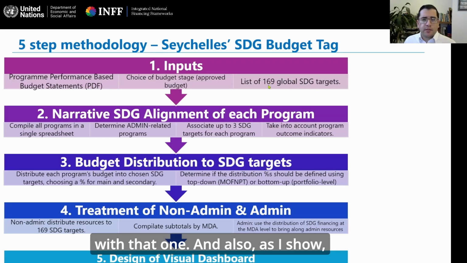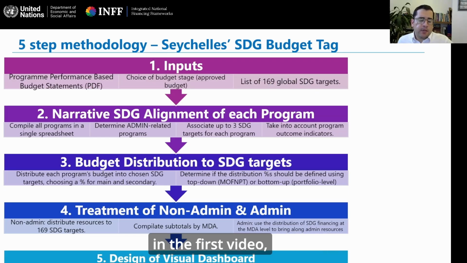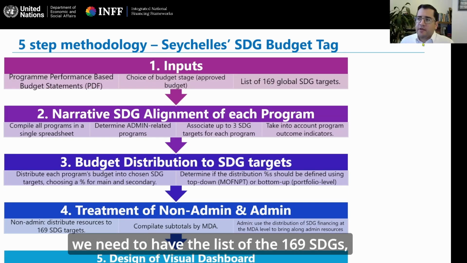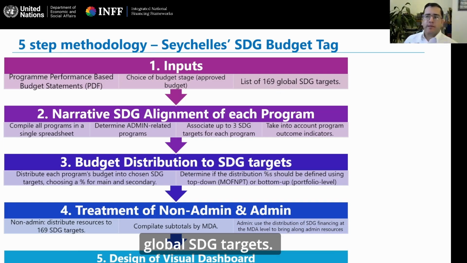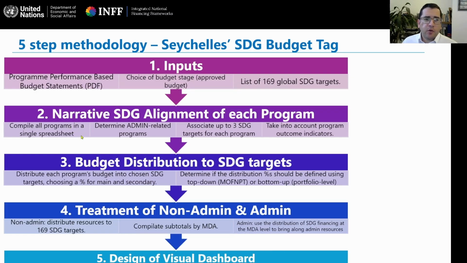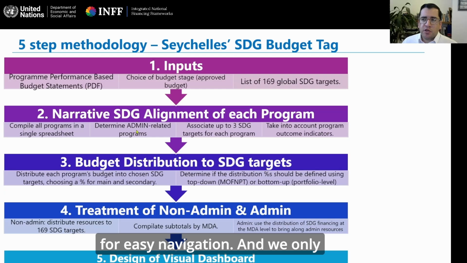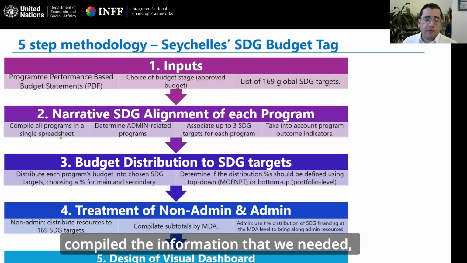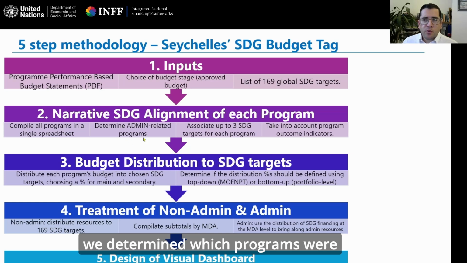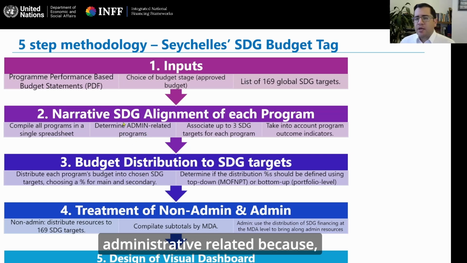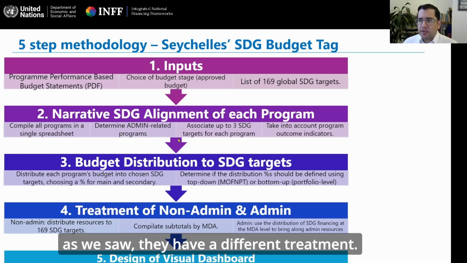And also, as I show in the first video, we need to have the list of the 169 SDG global targets. Once we have that, what we did was we compiled all programs in a single spreadsheet for easy navigation. We only compiled the information that we needed. We determined which programs were administrative related because, as we saw, they have a different treatment.